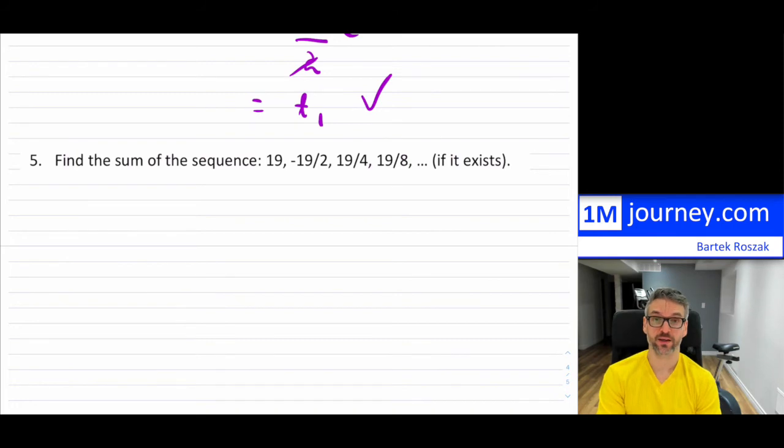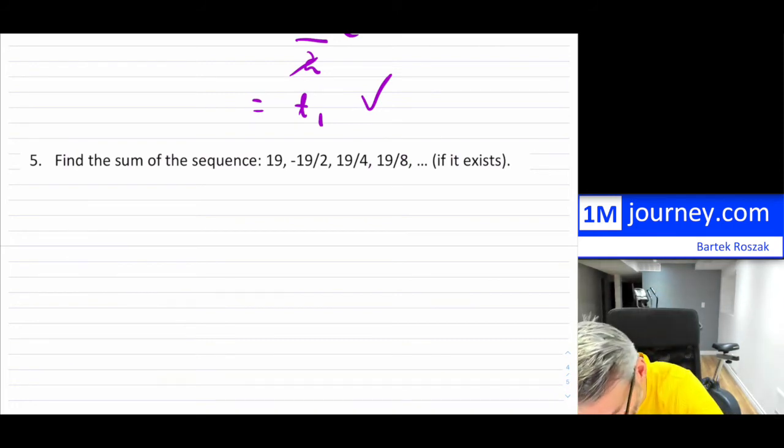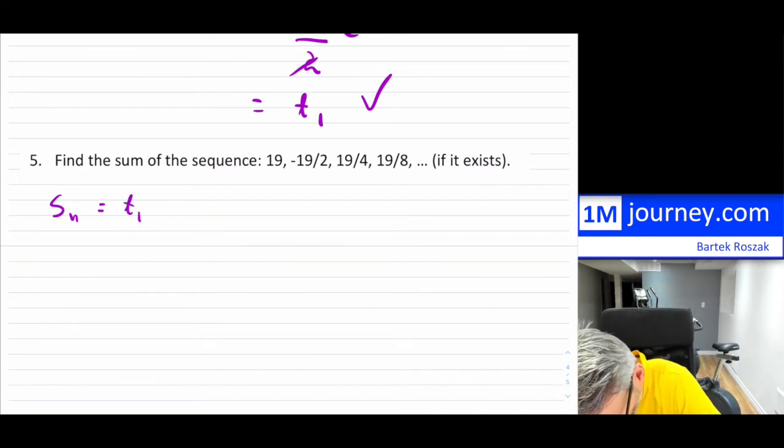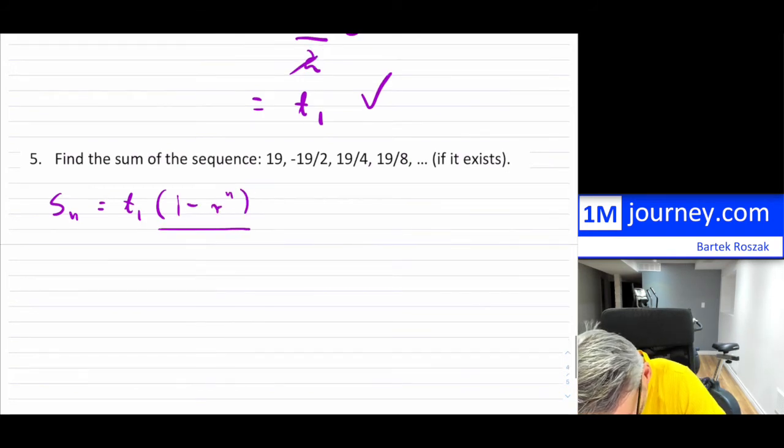Well, if you recall, for the geometric series, the sum Sn was equal to t1, whatever you're starting off with, times 1 minus r to the n, all over 1 minus r. That's how I remember it.